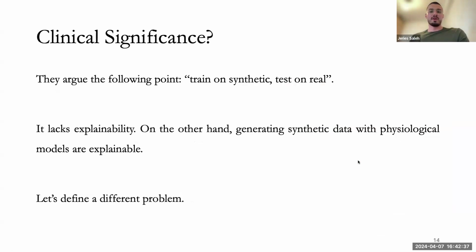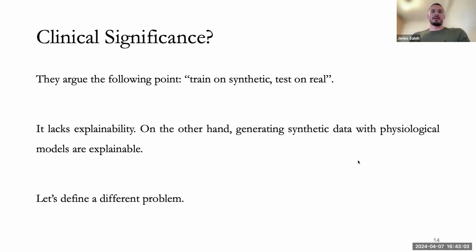So what they argue is that we can generate a lot of synthetic data and then train on it, then test on real data. Although it's not as accurate as training on real data, some fields really lack data, and it can be costly to get it. So it indeed can generate a ton of data, but in the case of ECG, it actually lacks explainability.